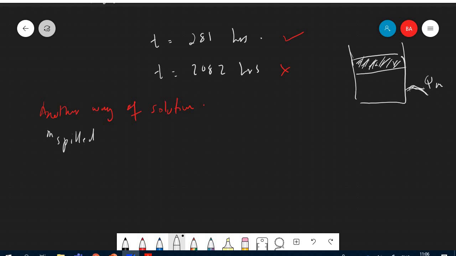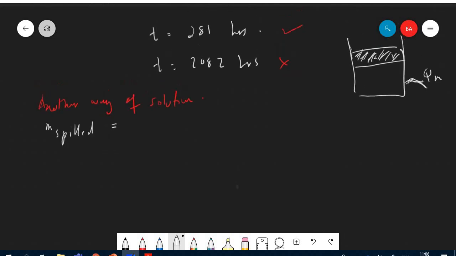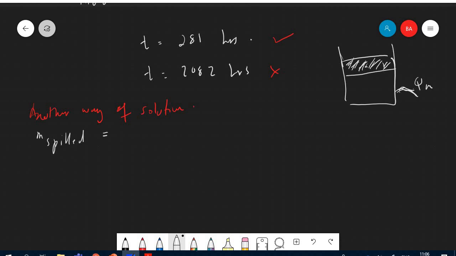So M spilled. I said approximated because there's mechanical energy that you need to go through, rather than eliminating all the other effects, such as PG or the other effects of the velocity getting out here, and the friction factor. Sometimes there are assumptions that make life easier, so I'm going to make it easier now. What was the M spilled?